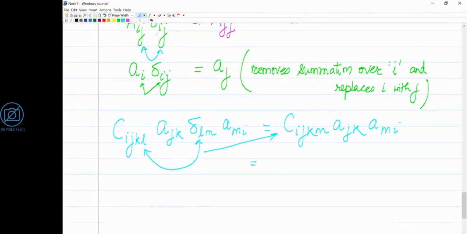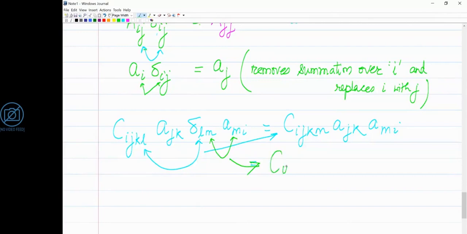The other way is that I see that here m is repeating, isn't it? In this approach, the summation over m gets annihilated. And wherever you have m, it has to be replaced with what?